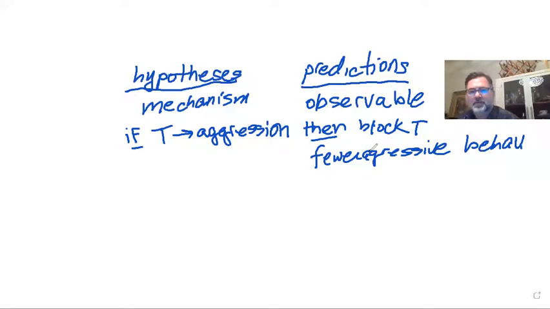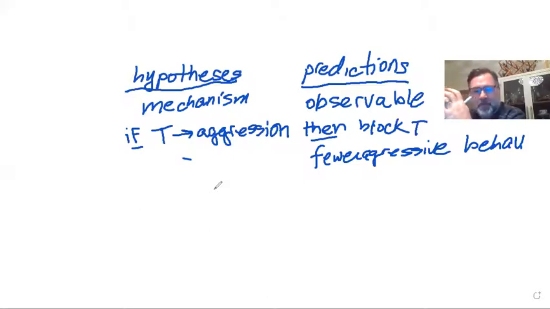And likewise, if we increase it, so if testosterone drives aggression, if we block it, we'll have fewer aggressive behaviors. And if we increase it, we can expect more aggressive behaviors. And if we say an aggressive behavior is when a song sparrow gets close to a house sparrow, there's some sort of interaction, right? So if the house sparrow drives the song sparrow out, then its aggressive behaviors decrease. But if a song sparrow drives out a house sparrow, then we can say that the song sparrow is more aggressive.